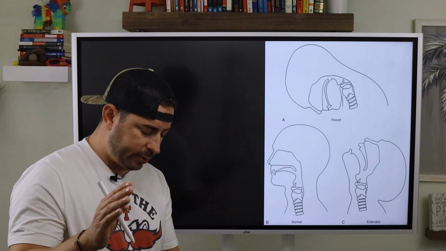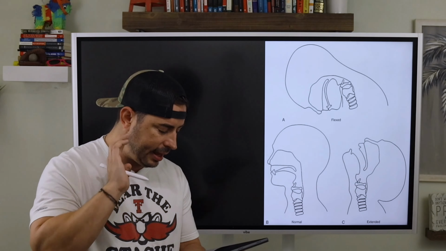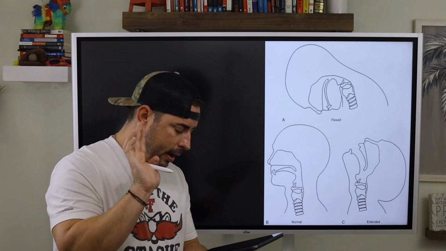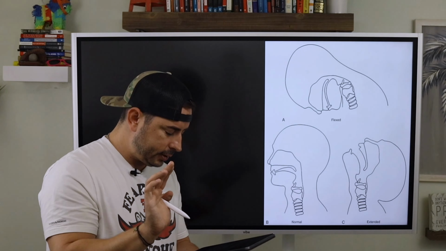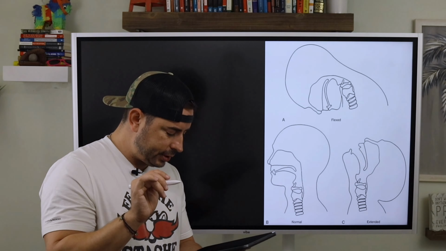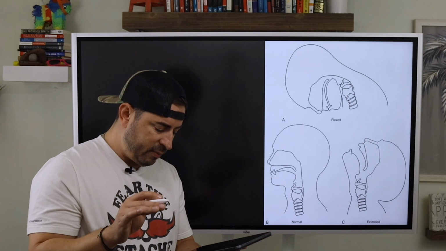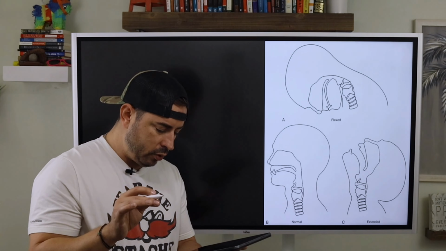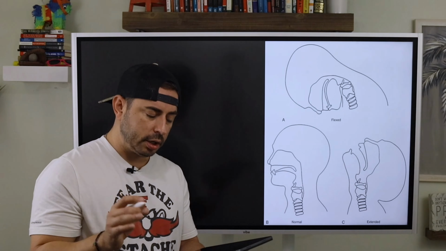This maneuver is performed by placing the index and middle finger behind the angle of the jaw and physically pushing the posterior aspects of the mandible upwards while the thumbs push down on the chin to open the mouth. This movement will move the tongue forward and relieve the obstruction.